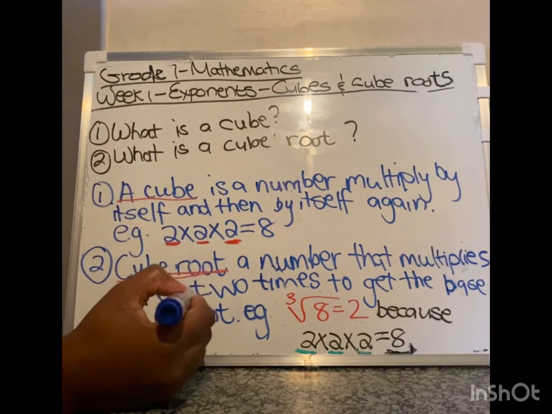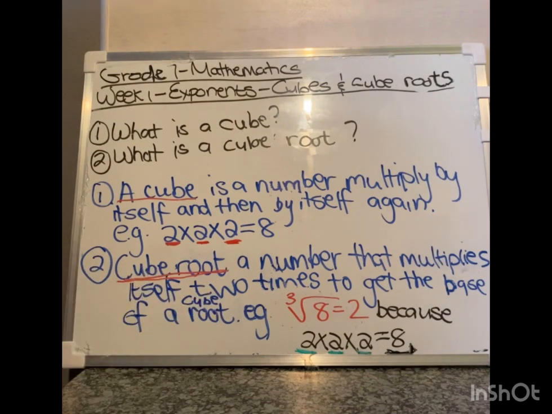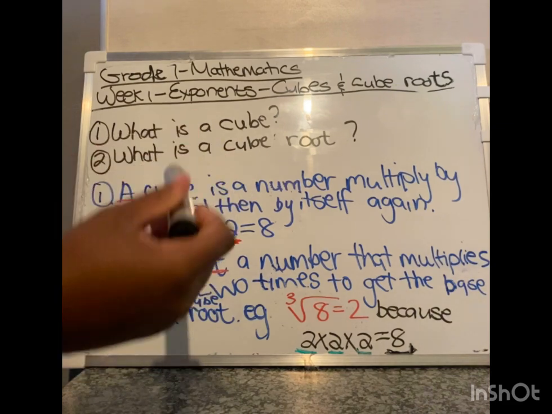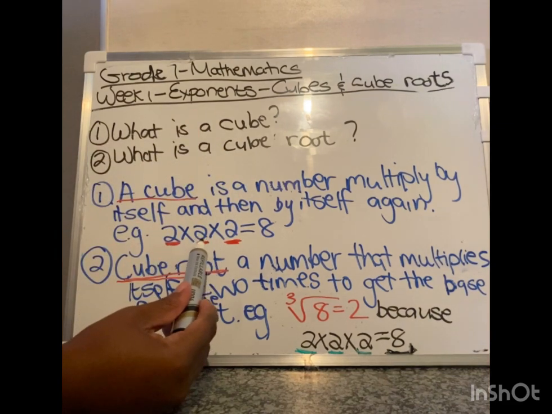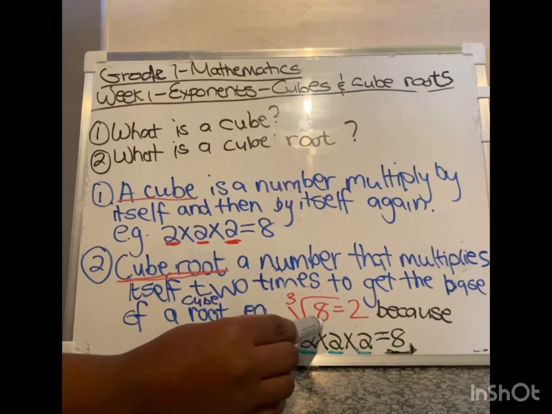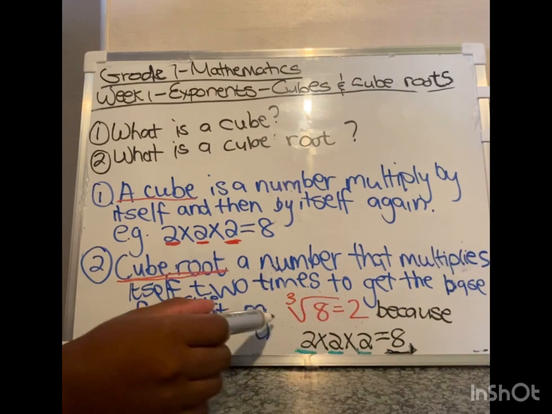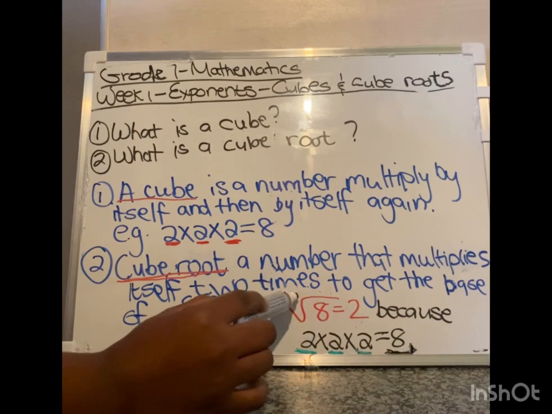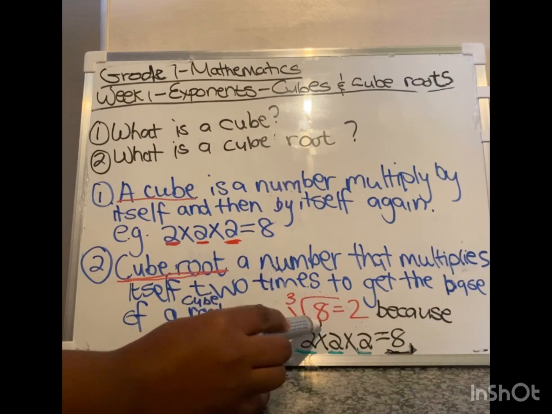So what we mean is that your cube root is a number that multiplies itself like that to give you the base. This is your cube root. The base of your cube root is your 8. This is an example: cube root, your base is 8.